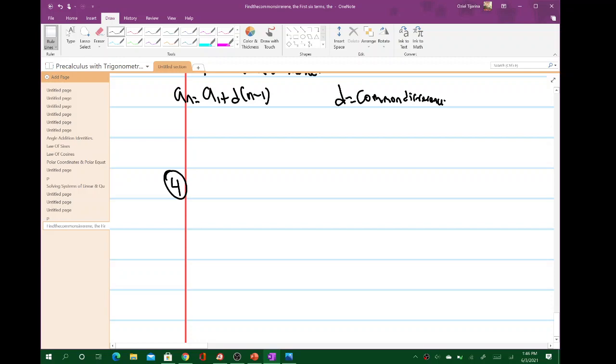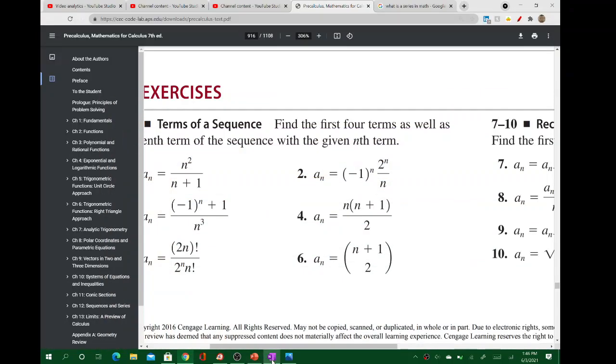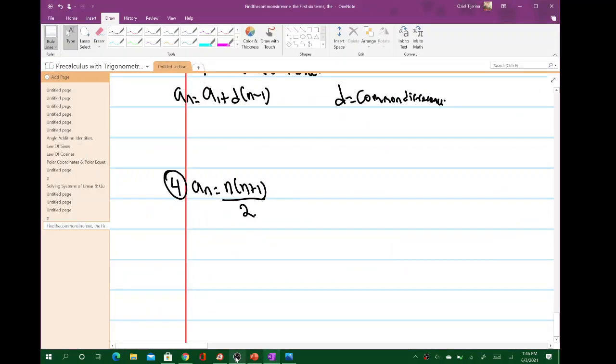So we have a sub n equals n times n plus 1 over 2. We want to find the first 4 terms as well as the 10th term. So a sub 1 is equal to 1 times 1 plus 1 all over 2, which is 1 times 2 over 2, and that is just 1.